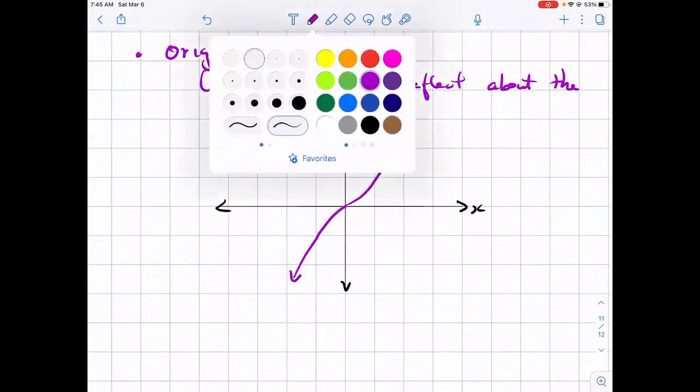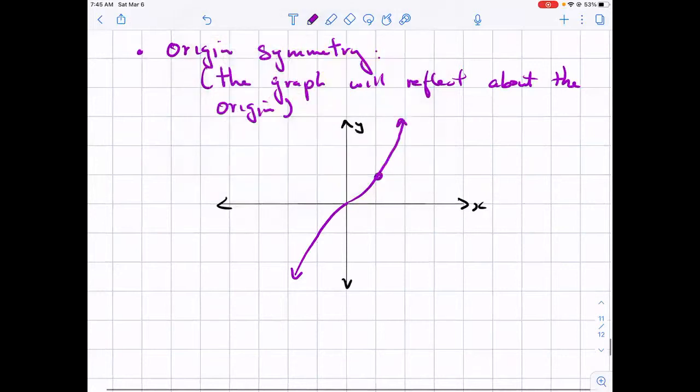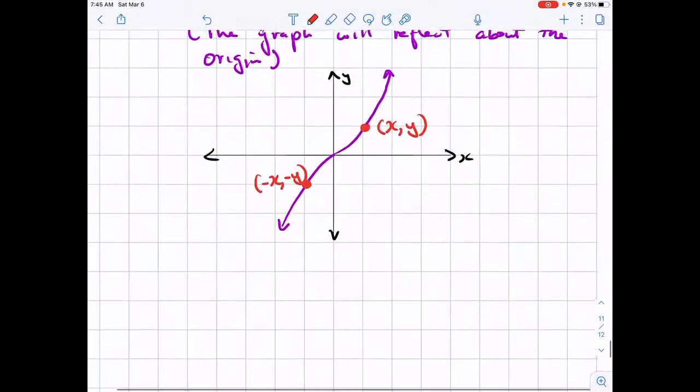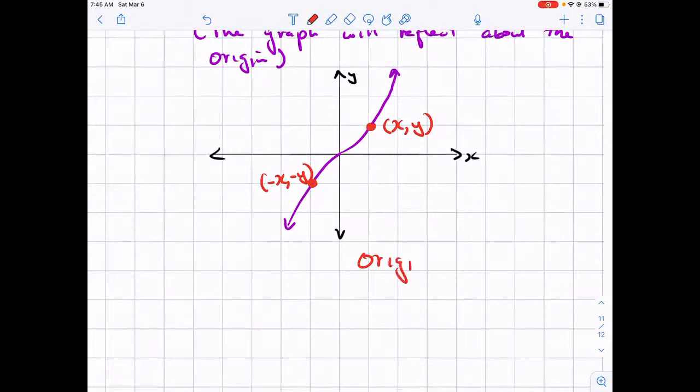Now we'll notice that if this point here is x comma y, this point here is minus x comma minus y. Here is what is called origin symmetry.